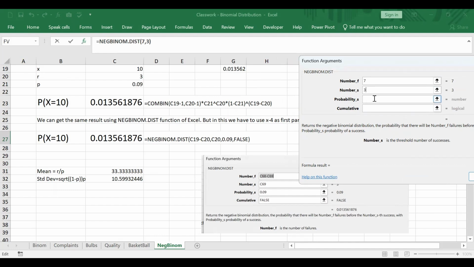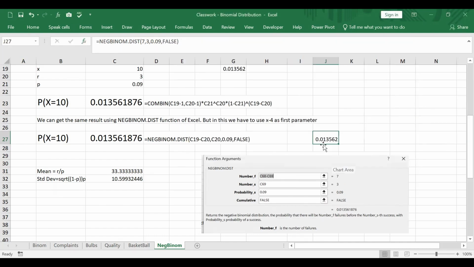And probability in this case is 0.09. And here it is false because exactly 3 successes are required. And that comes to again 0.13. This is on negative binomial.